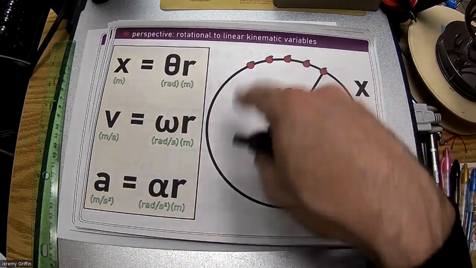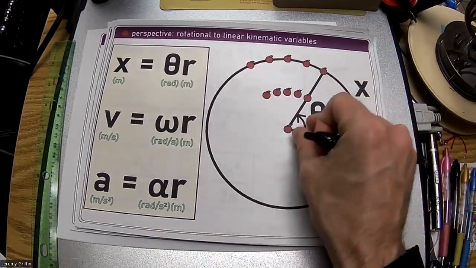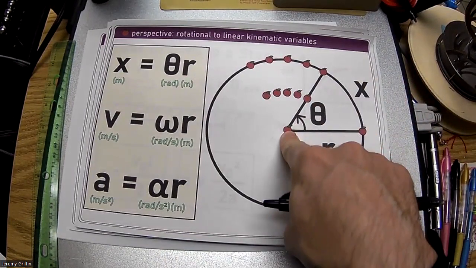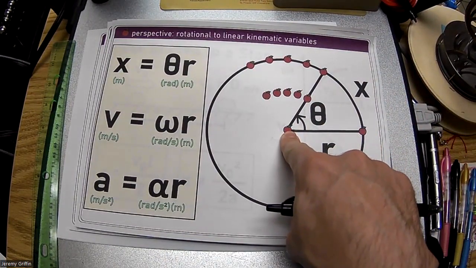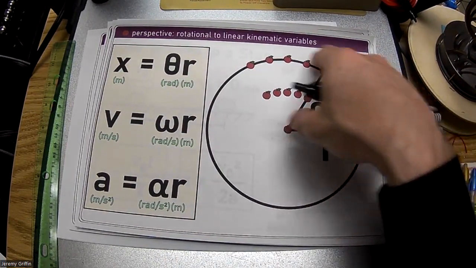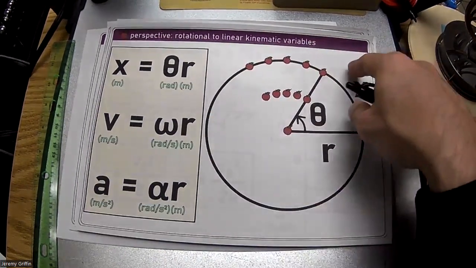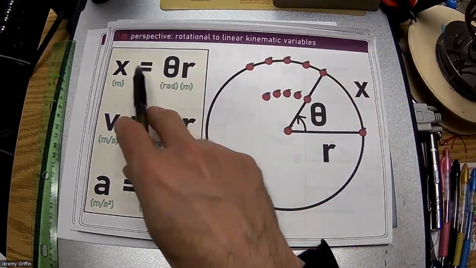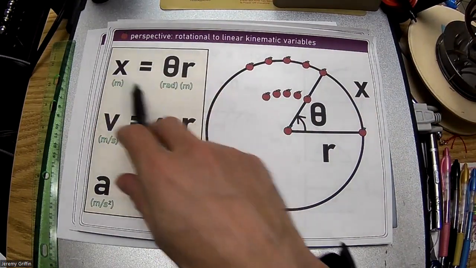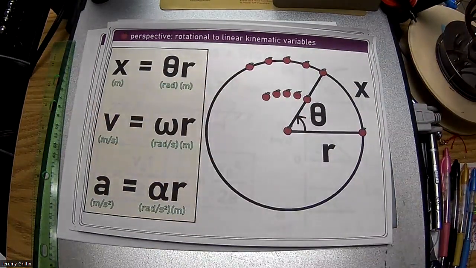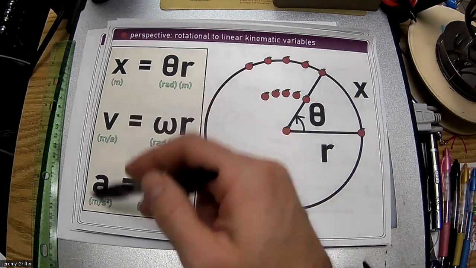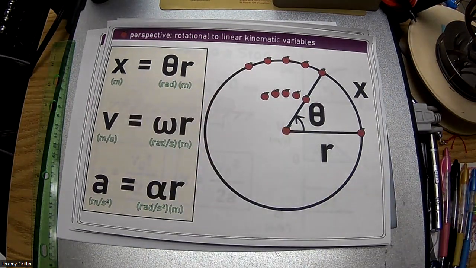How far did the whole merry-go-round turn? But also, where was the kid sitting? Because if he's sitting right at the center, he hasn't actually moved anywhere. He's just spinning. But further out, there's a larger circumference. In fact, a specific version of this could be circumference equals 2 pi r, and then here's the more general version, x equals theta r. I guess that also follows for speed and acceleration. So you can go back and forth there.